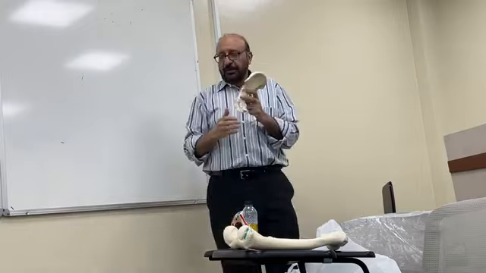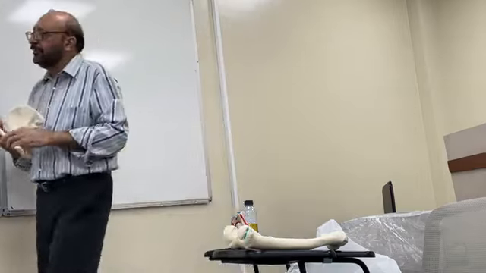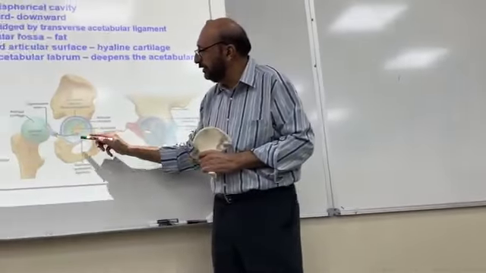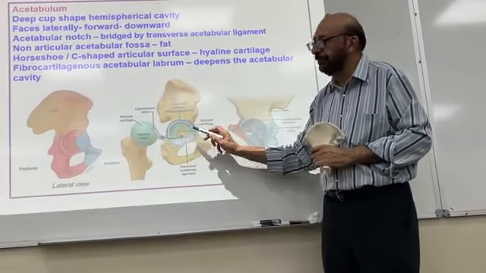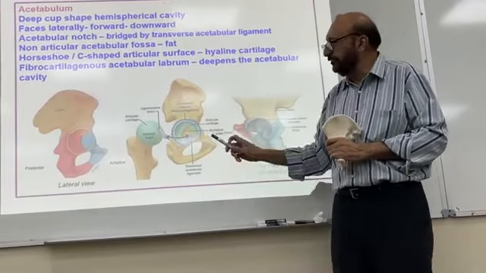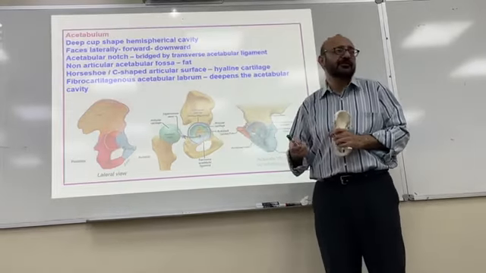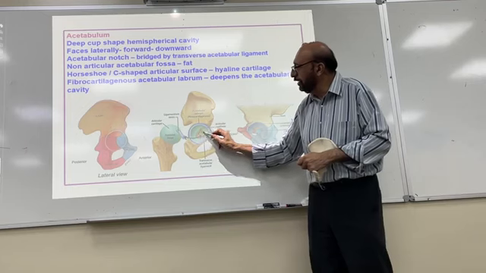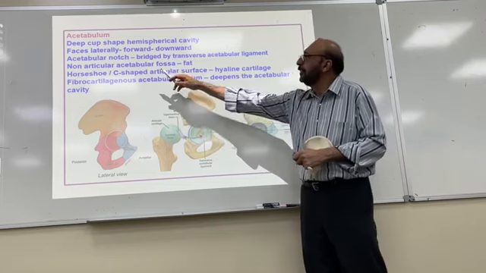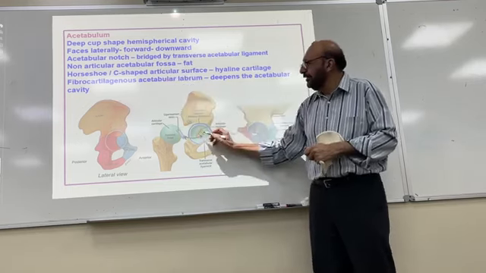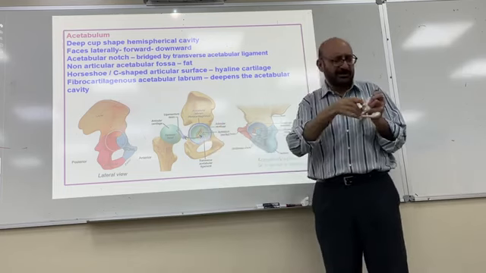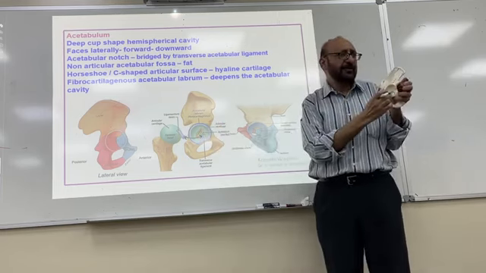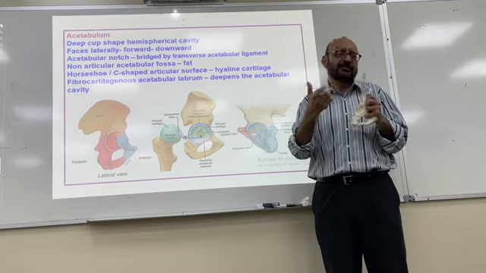Then it has an articular surface which is C-shaped, or horseshoe-shaped. Even in the joint cavity, we don't have an articular surface in part of it. It is known as the non-articular surface. It is a depression, a fossa, and this is normally covered with fat.